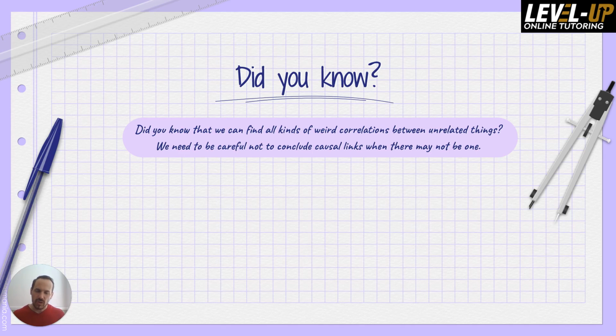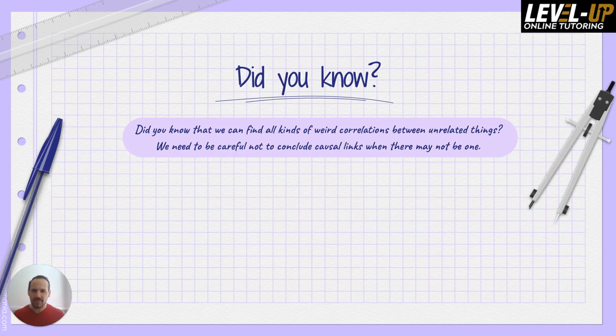A prime example would be a business tracking the sales they make of sunscreen and ice cream. You see they both tend to go up together and they both go down together. And you might think there's a causal link between the two. Maybe you think, oh, buying ice cream makes people buy more sunscreen or something.